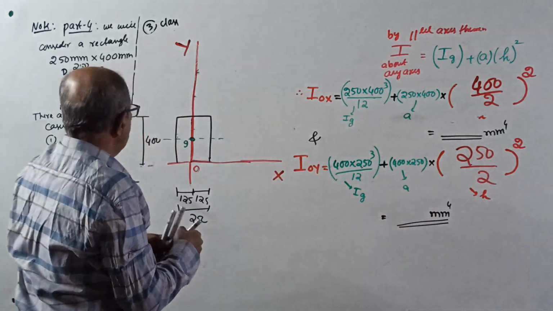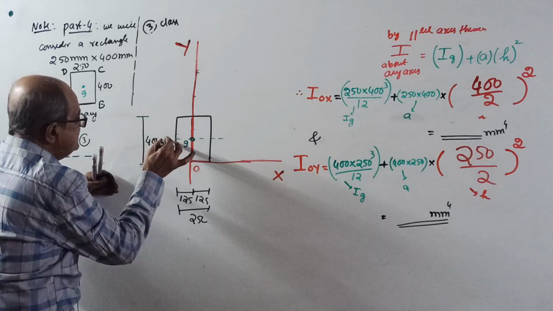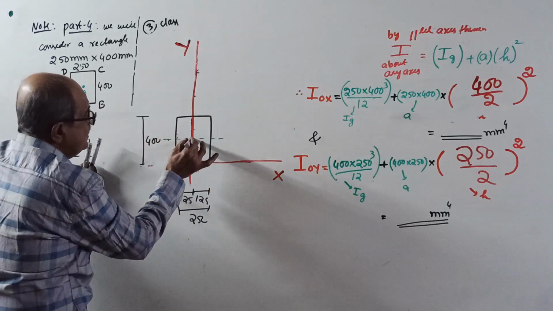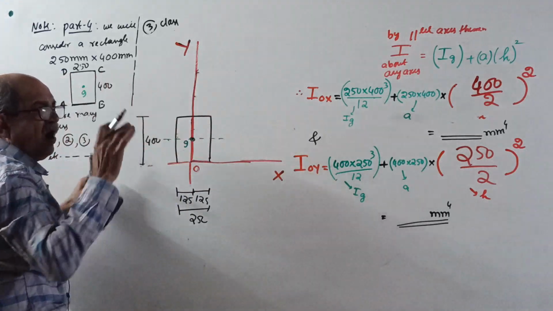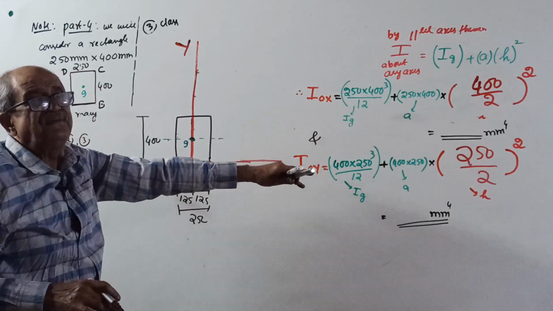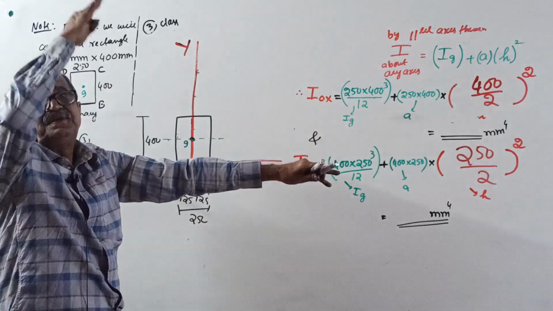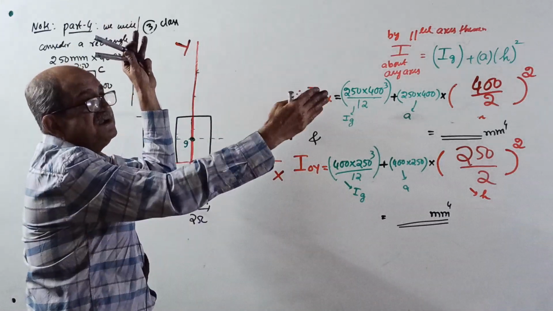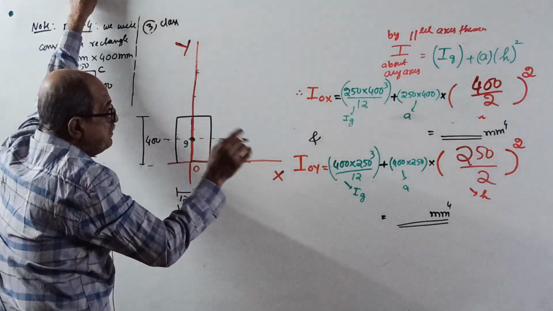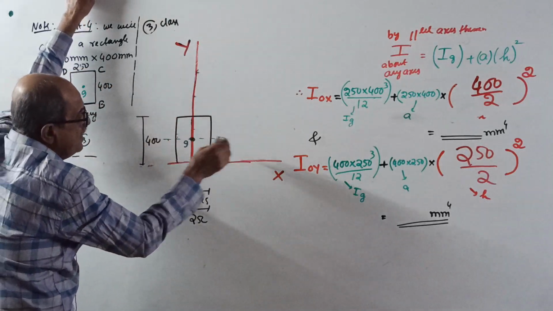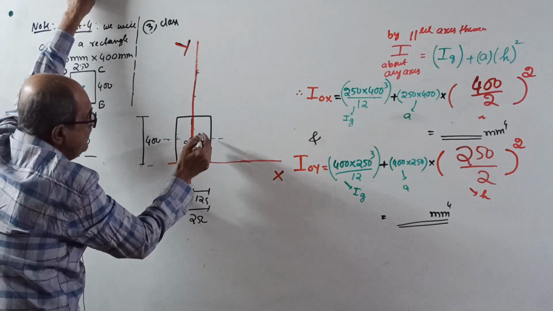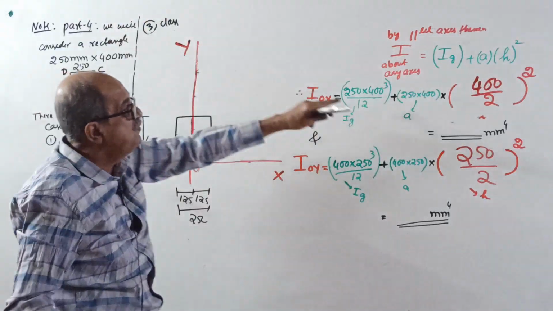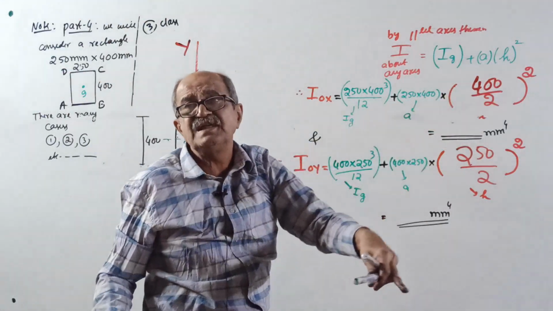Plus area into this distance square, in red color, from the centroid. Last time I am telling: axis is horizontal means distance is vertical. Axis vertical means distance horizontal. The perpendicular distance from the centroid to the OX axis is this distance, which is once again 400 by 2. Same as last time's answer.